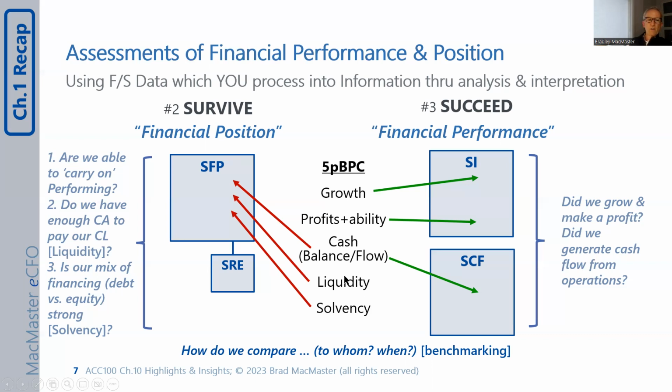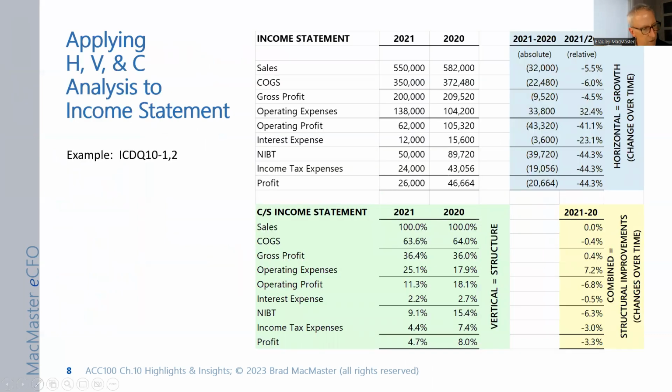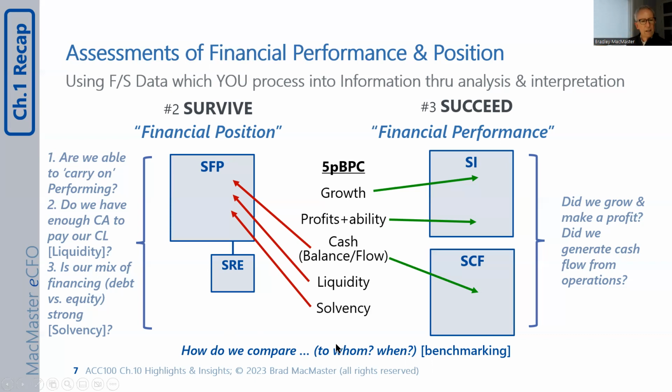So liquidity deals with assessing the company's ability to meet its short-term obligations or liabilities as and when they come due. Solvency is very similar, but it relates to the company's ability to meet its long-term financial obligations as and when they come due.